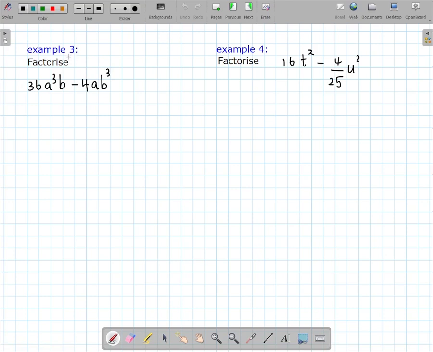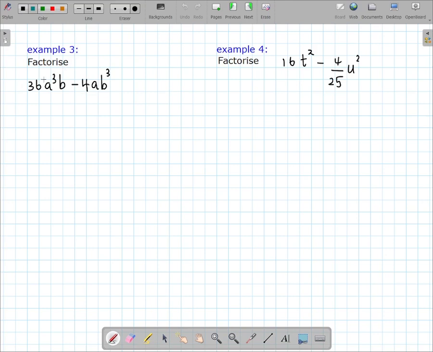Example 3, that is 36a to the power 3 b minus 4ab to the power 3. So we have numbers and we have unknowns. When you are given something like this, check whether you can factorize it first.